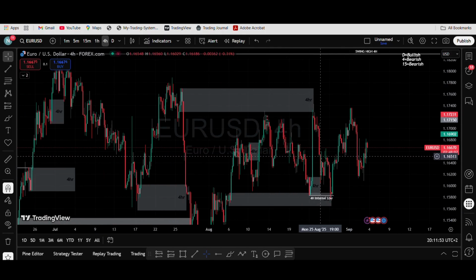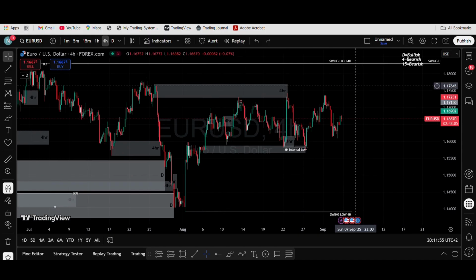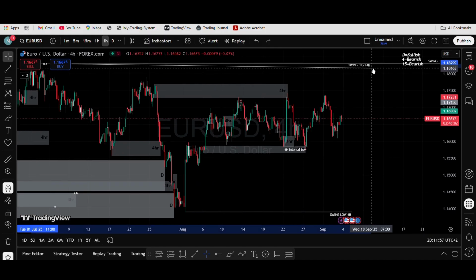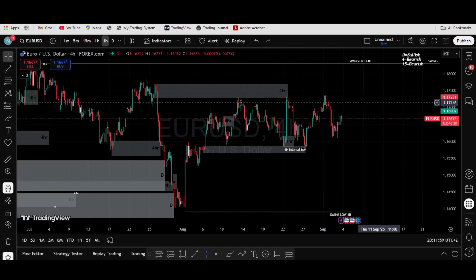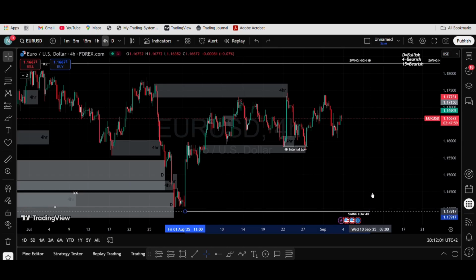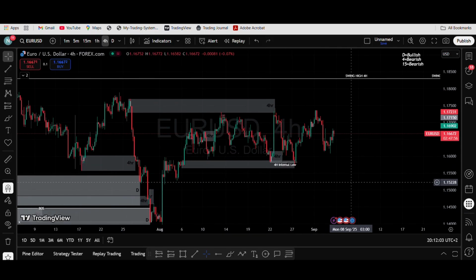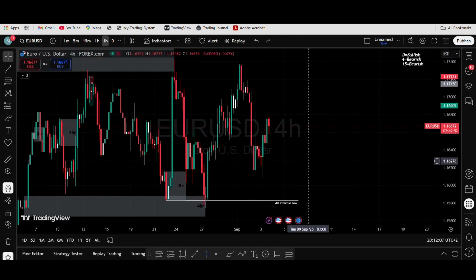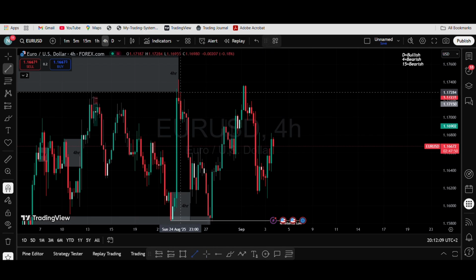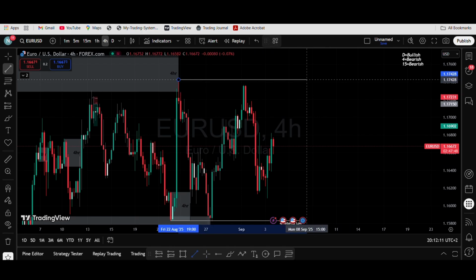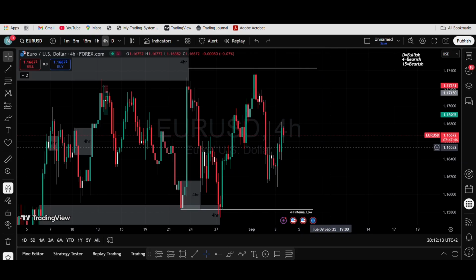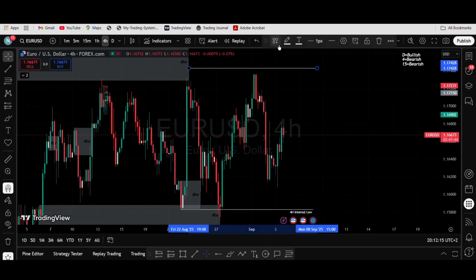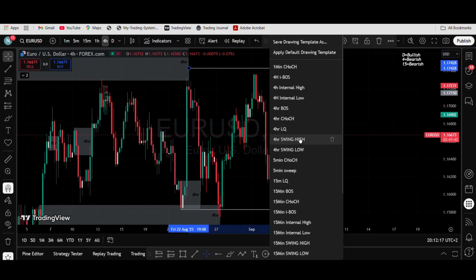And so 4 hour looking choppity chop, right? Because it's stuck within here. This is still our internal low, which makes this the internal high, which means we are stuck. We are smooshed and washed in between these.